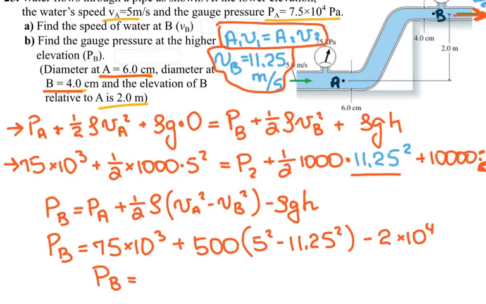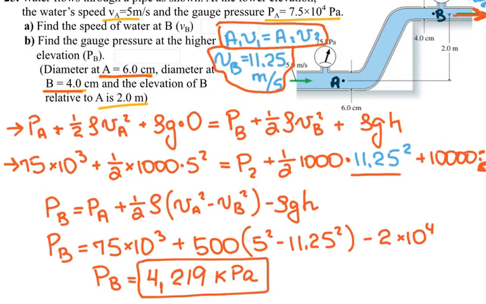So I got 4,219 kilopascals. And that is the pressure at point B at the top of the pipe.